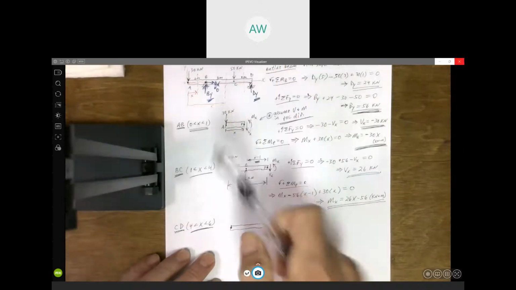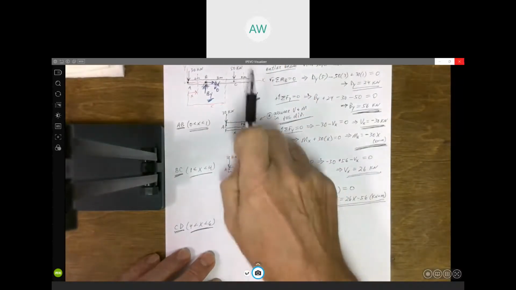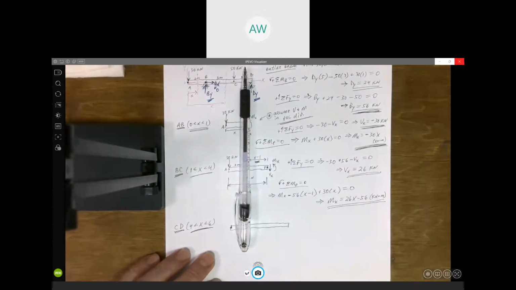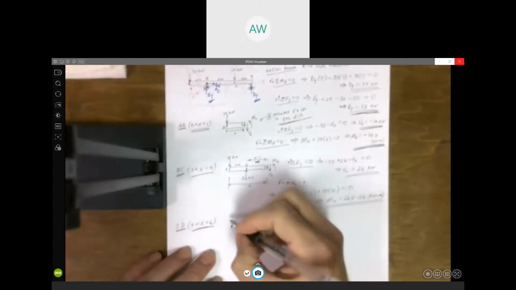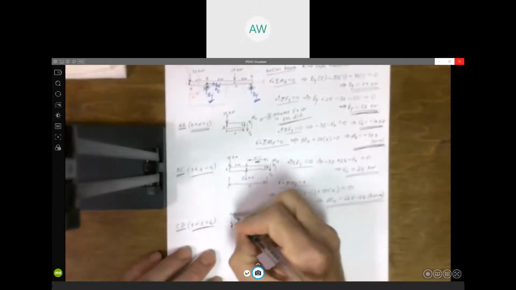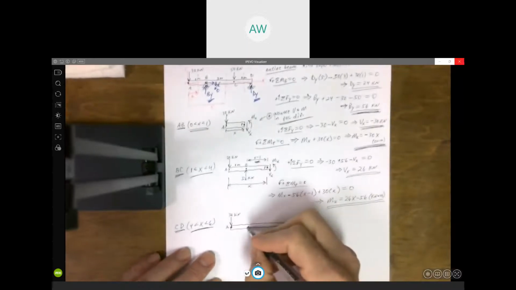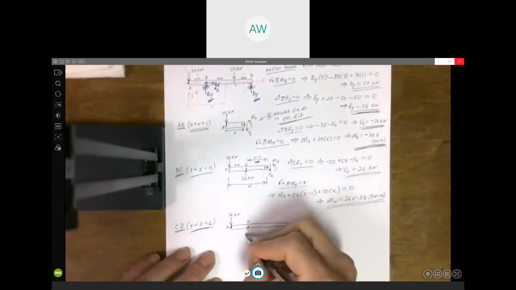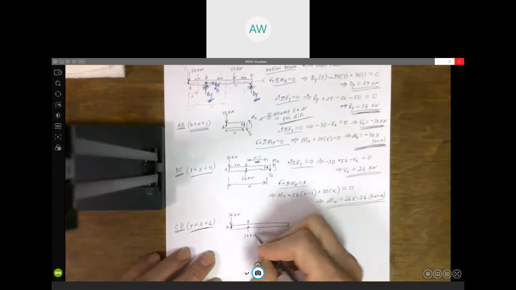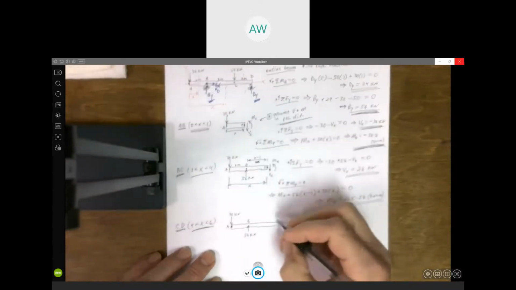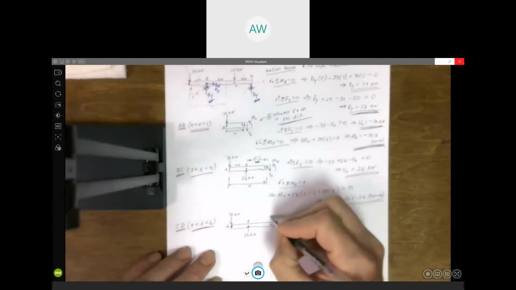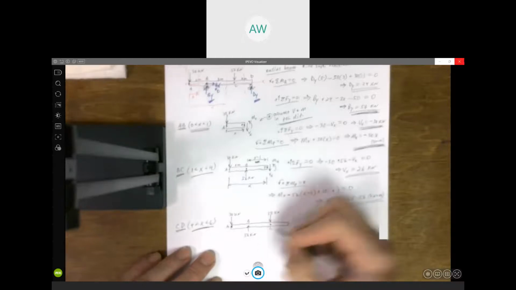So if we cut it here between C and D, we need everything to the left of where we cut it. So we've got our 30 kilonewton force there at A. We've got our support reaction, 56 kilonewtons at B. Now at C, we've got our 50 kilonewton force.